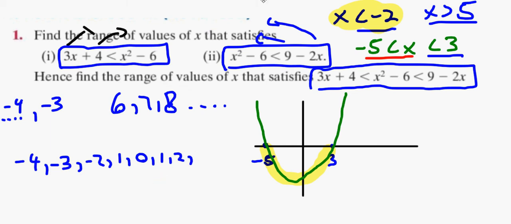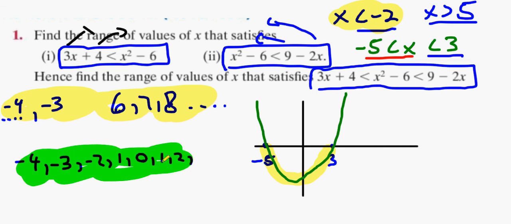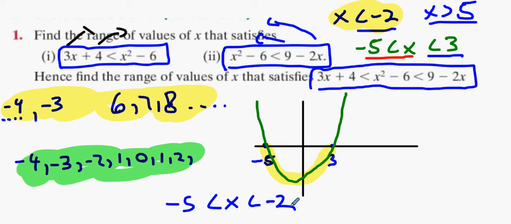Now what's the overlap between both answers? Anybody care to tell me? It's just minus 4 and minus 3, isn't it? And that's where it comes in. Minus 5 has to be smaller than your x answers, and your x answers have to be smaller than minus 2. Same deal. Alright.